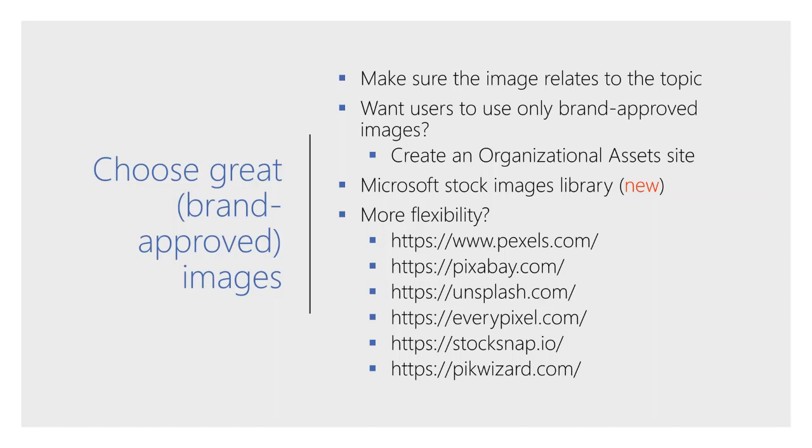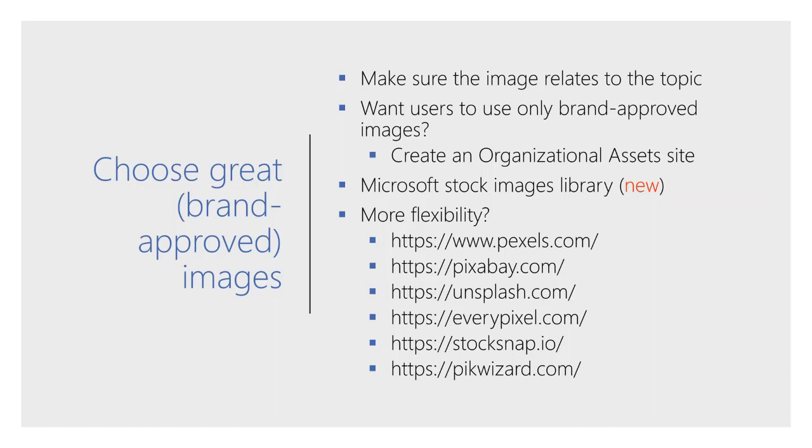So if you lose the right to use that image, and that actually happened to us one time, or you have a logo that gets changed, you change it in one place and it filters everywhere where people have been using it. So it's really a great idea. You configure an organizational assets site using magical PowerShell. So easy enough that a grandmother can do it. I have no technical skills whatsoever, and yes, I'm able to do enough PowerShell to make an org asset site.